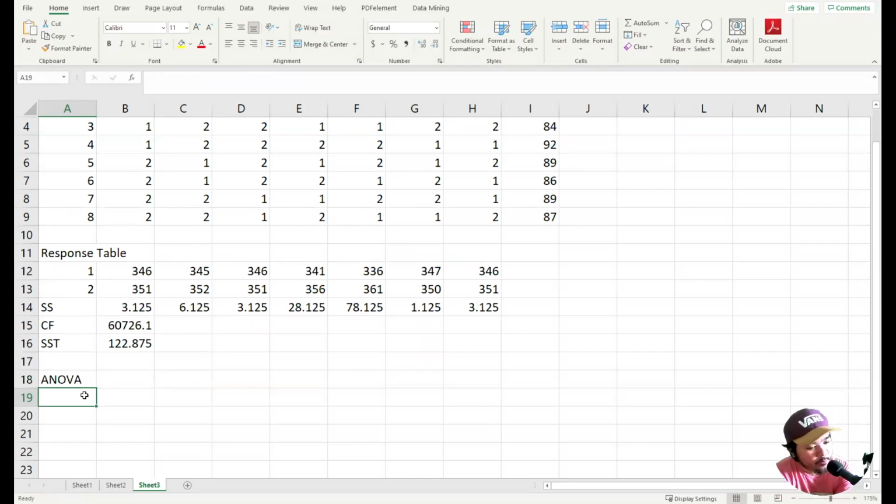Actually, now that I'm thinking about it, class, there is a method that can do this in one click, but it requires that you download software, and in most cases those are paid. One of the more popular ones is Minitab.